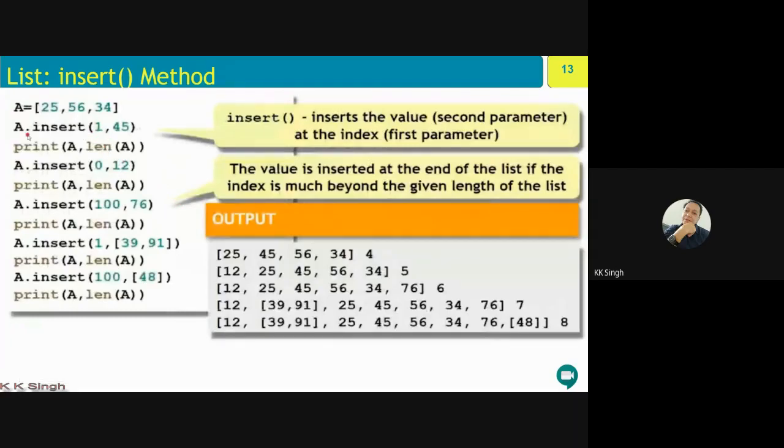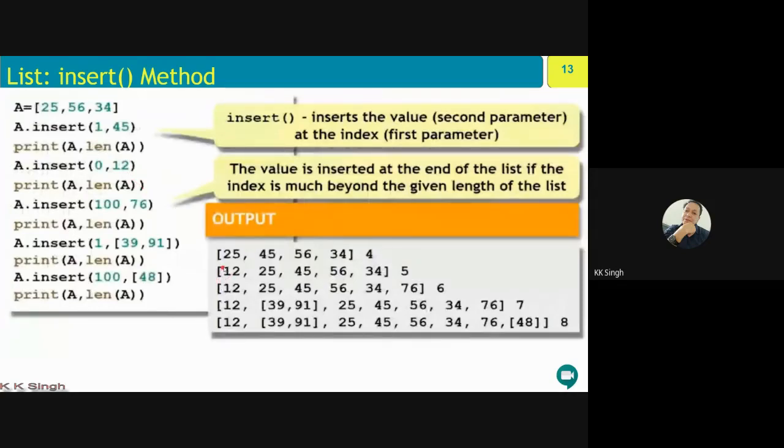So see here, this is the list 25, 56, and 34. So when you say A dot insert at index 1, insert 45. So when you say print A, now it will print 25, then 45, then 56, and 34, and length of A will be 4 now.